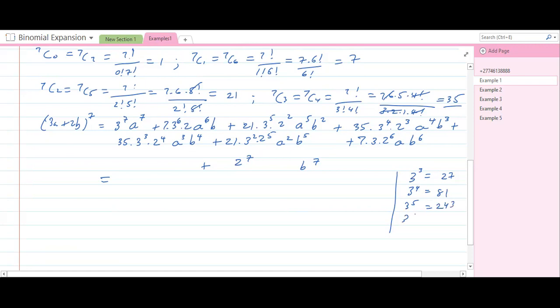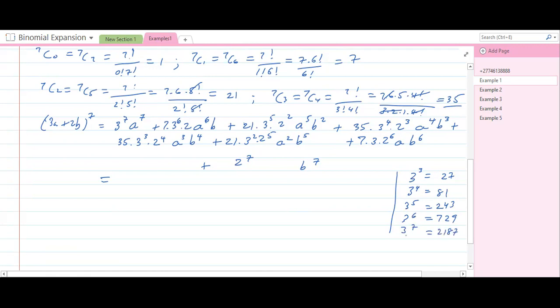And then 3 to the power 6 is 243 times 3, which will give us 729. Then 3 to the power 7 is 729 times 3, which should give us 2187.